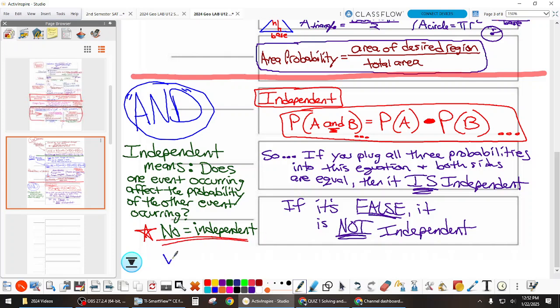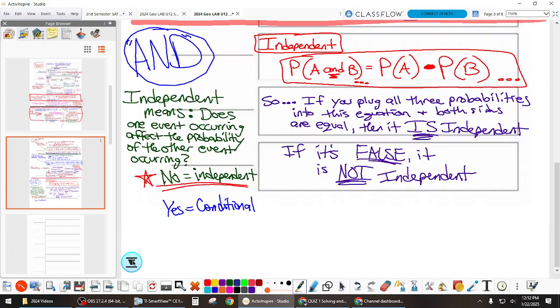And then yes equals conditional, which means not independent.